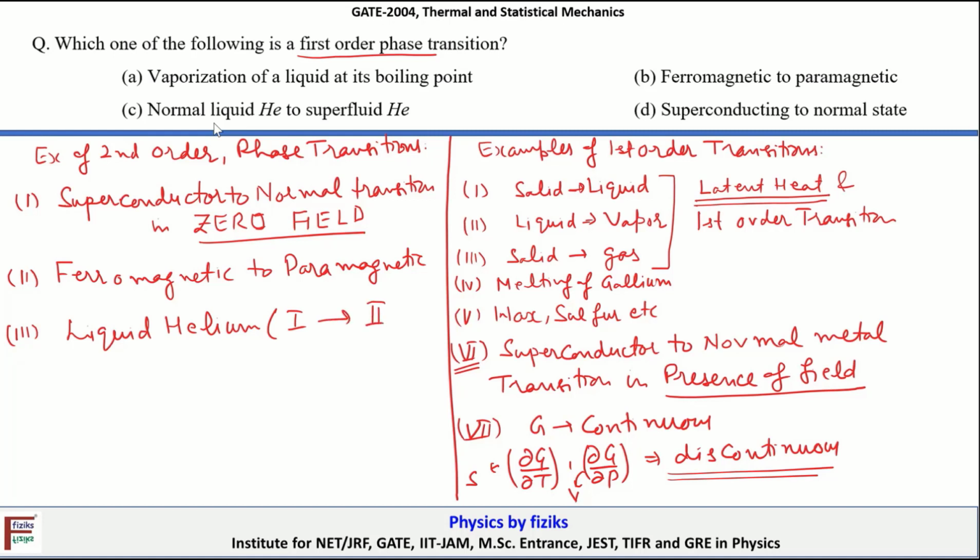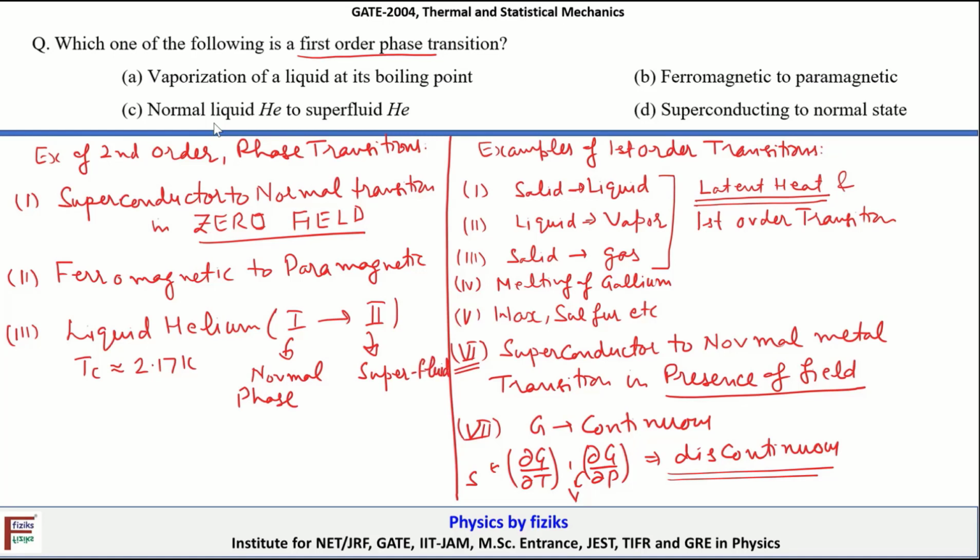When it converts from helium 1 to 2 at a critical temperature of the order of 2.17 Kelvin, this is also an example of a second order transition. So liquid helium 1 is called the normal phase of helium, and helium 2 is a superfluid.